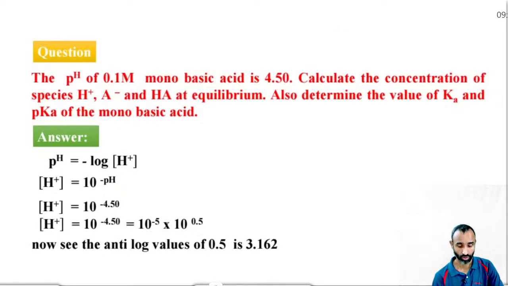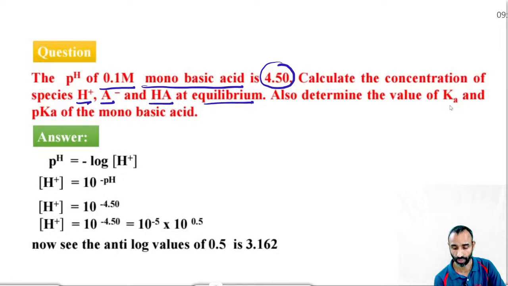So this is the question. pH of 0.1 molar monobasic acid is given. What is the concentration of H plus ion, A negative ion and HA at equilibrium, and calculate the value of Ka and pKa of the monobasic acid.